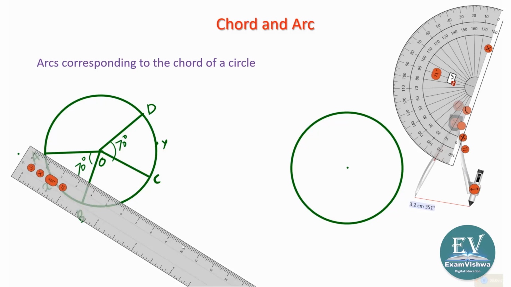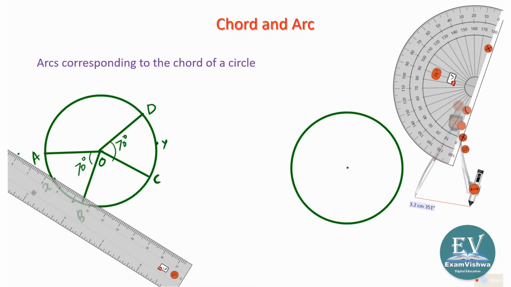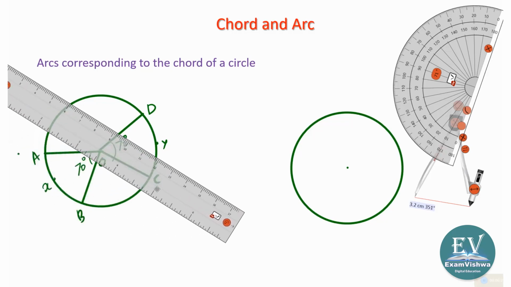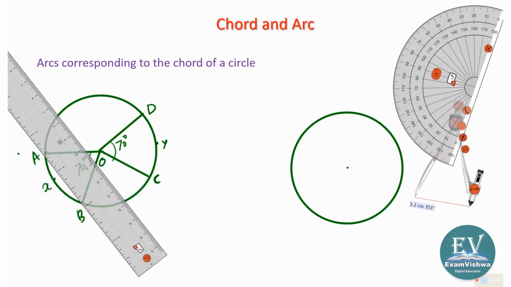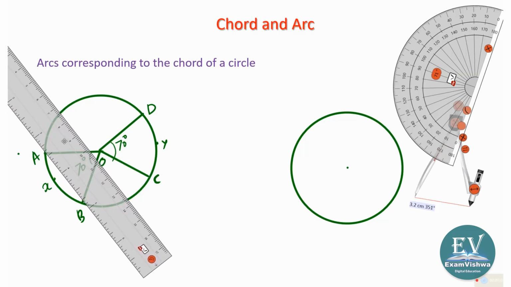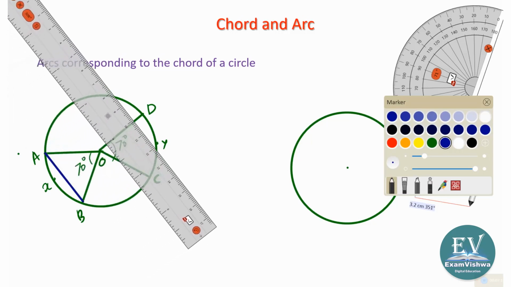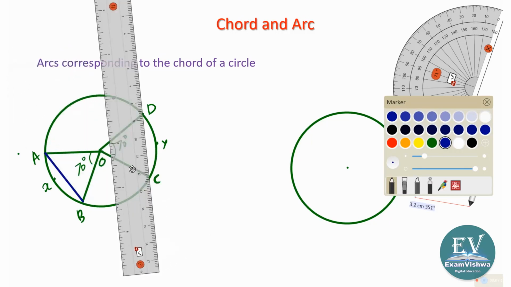Okay, so I need to draw chords accordingly. I can draw a chord here. I have drawn. In the same way, I have to draw a chord here. I'm going to draw a chord here also. The chords are AB and CD.